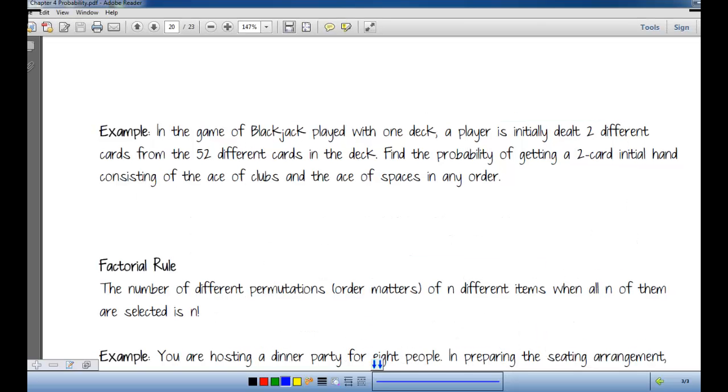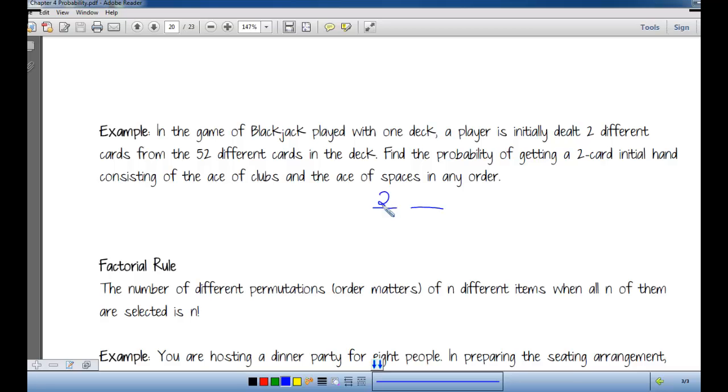Pretty much, since they say any order, I've got to think about how many ways we could get the ace of clubs and ace of spades. If we use our fundamental counting rule, for the first spot we've got how many choices? 2.